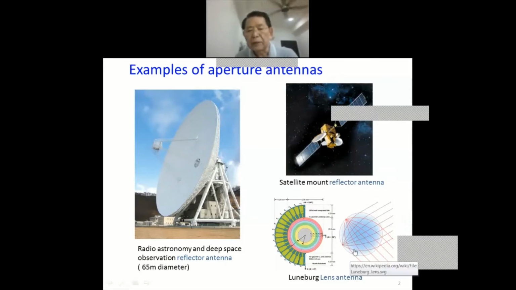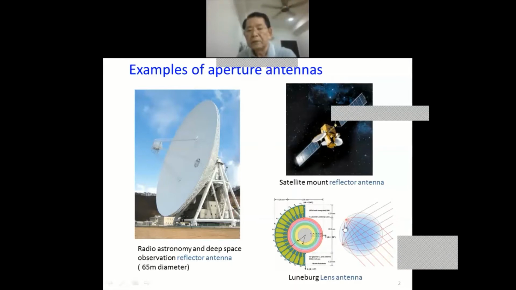In the case of the lens antenna, the radiation passes through the lens. This is similar to our glasses. Glasses also pass light.